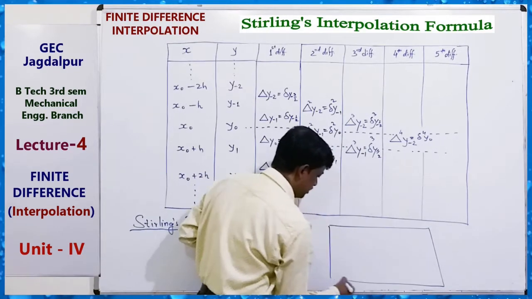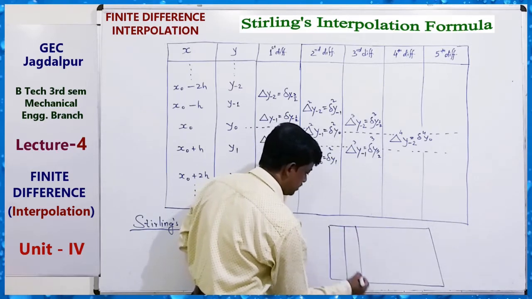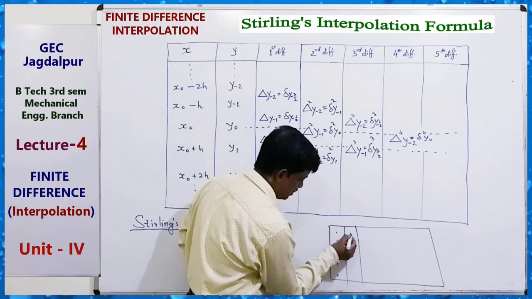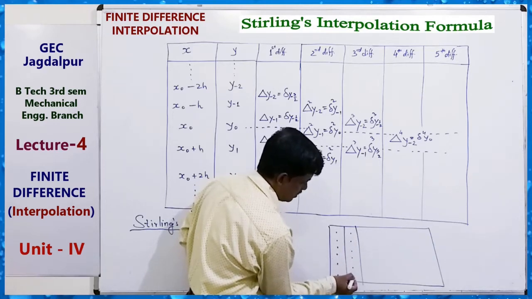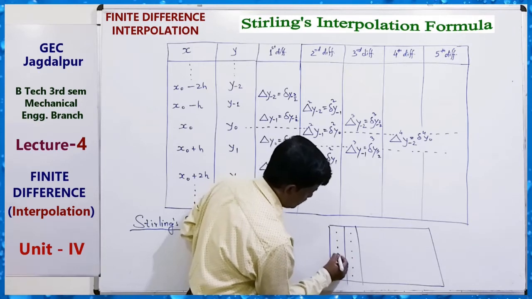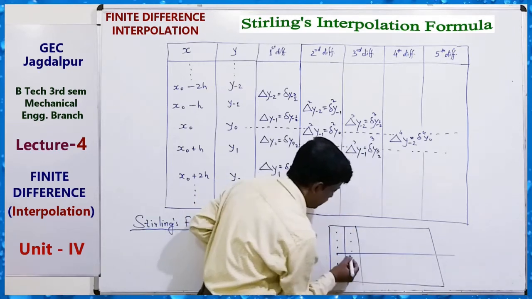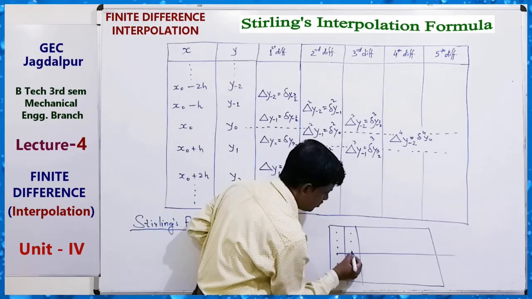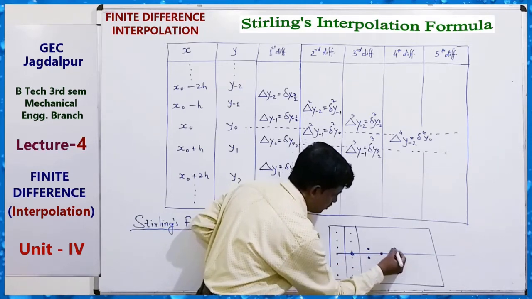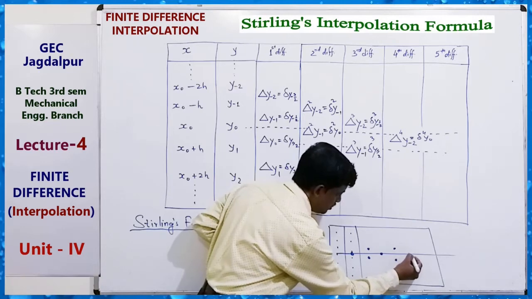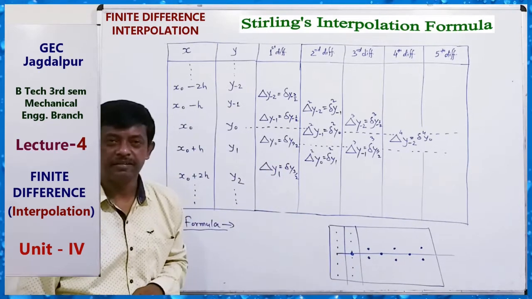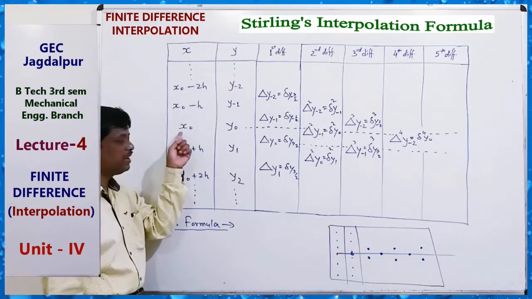Suppose we have a table like this, and here this is the central line. Then first value, and then these two values, and then this value. Then these two values, and then this value, and these two values, and then this value. This is the central line, by making an origin.